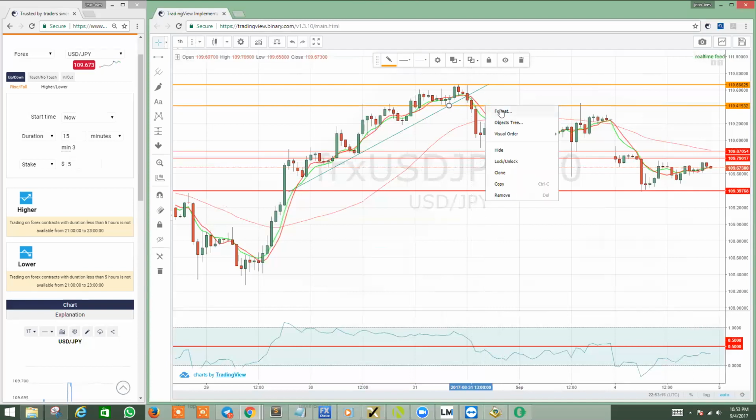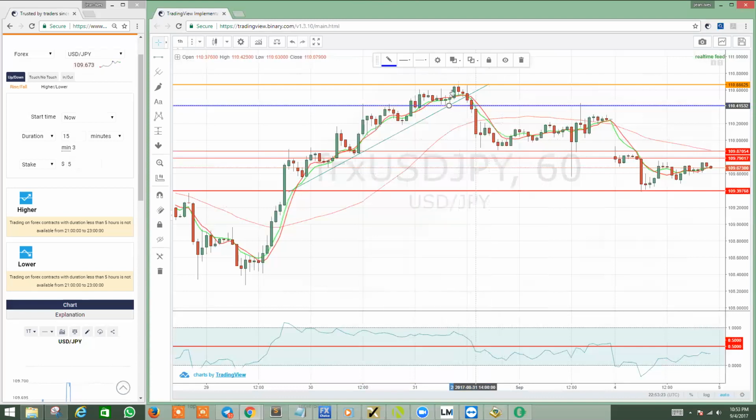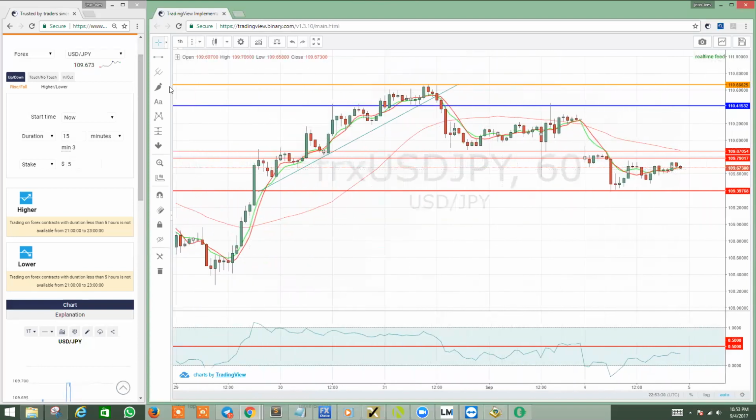So let's say if I enter this market right there, let's suppose that this is your entry, and you're looking to book. Since we're on the hourly, you might be looking to book about 25 to 30 pips profit.